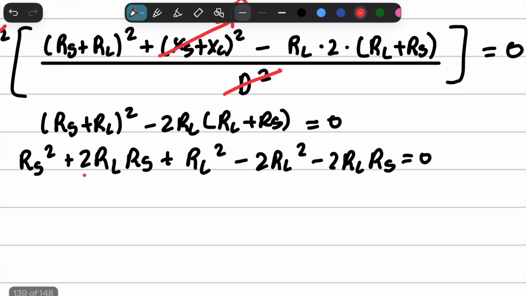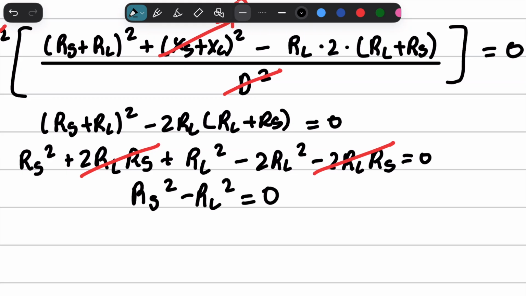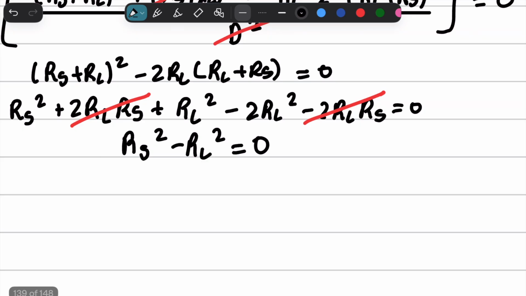We're going to see that these two cancel out, and we're going to get the negative version right here. And so we're going to say that RS squared minus RL squared is equal to 0. If we take the square root of both sides, we're going to see that RS is equal to RL.